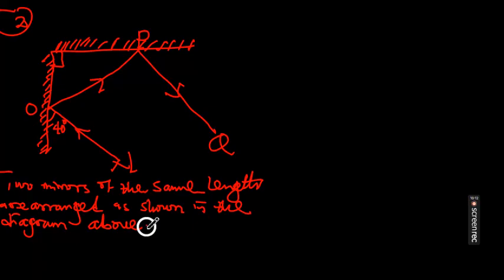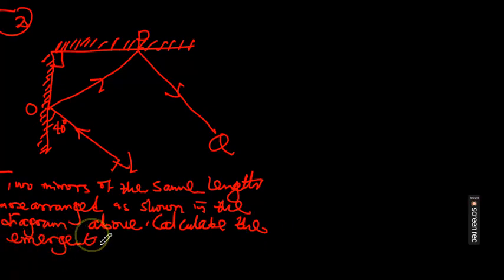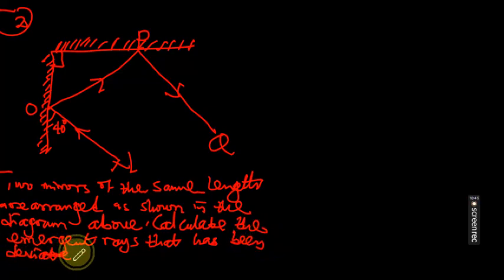Now the question is: calculate the emergent ray that has been deviated through the mirrors.